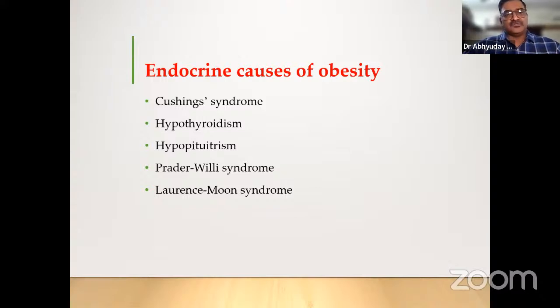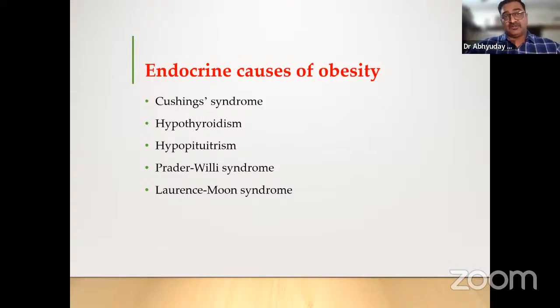So here we have Cushing syndrome, where we have an excess of cortisol, which increases the fat. Hypothyroidism, which reduces the metabolism, the basal metabolic rate, through its influence on melanocortin receptors, ultimately leading to increased weight, or you may say increased fat deposition.